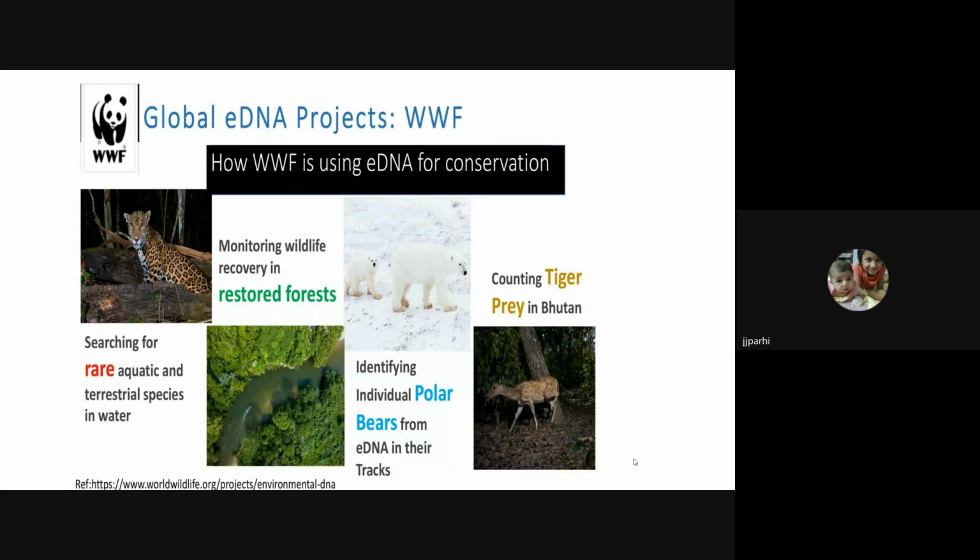The first one is searching for rare aquatic and terrestrial species in water. What does it mean? These are very rare species that researchers are not able to find directly, so they try to get them from water.